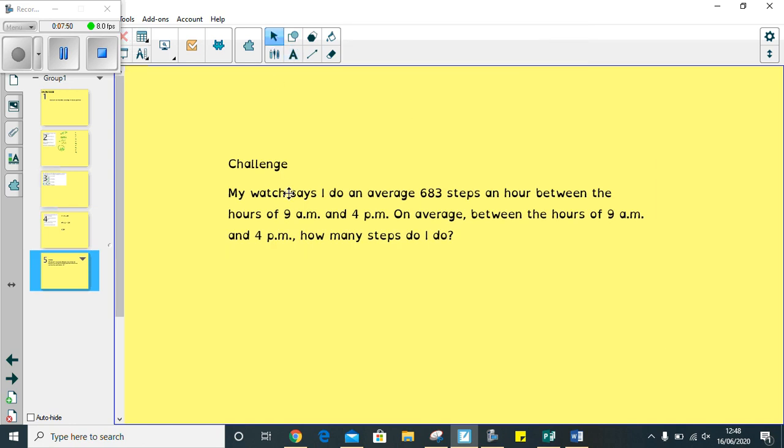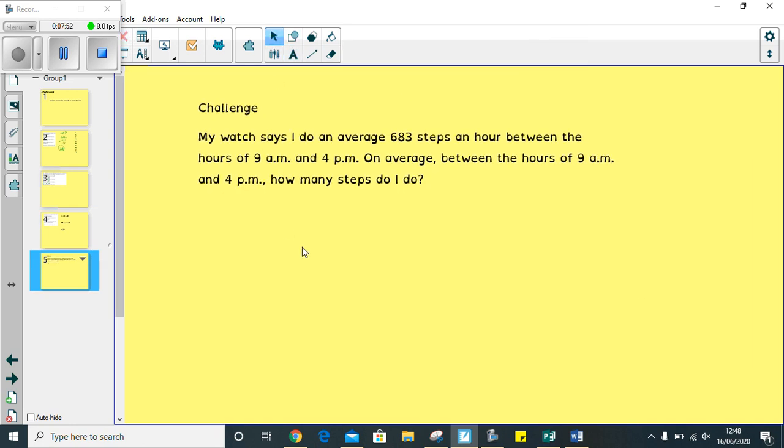Right, I'm hoping you found this one a little bit harder. My watch says I do an average of 683 steps an hour between the hours of 9 a.m. and 4 p.m. On average, between the hours of 9 a.m. and 4 p.m., how many steps do I do?